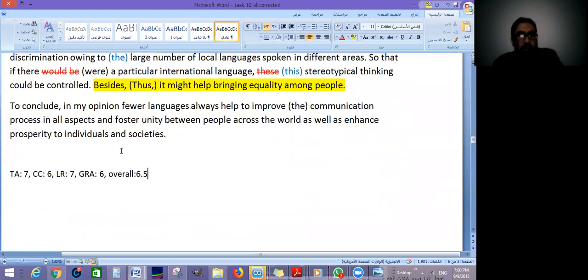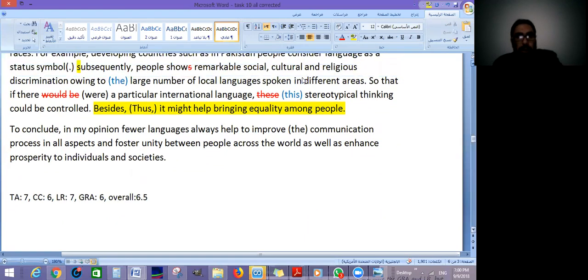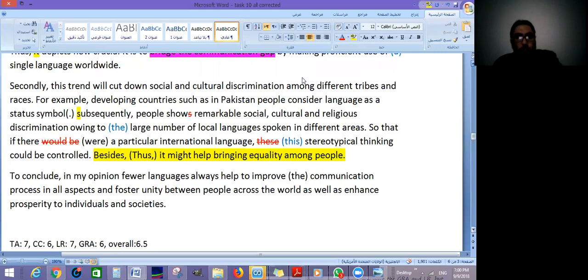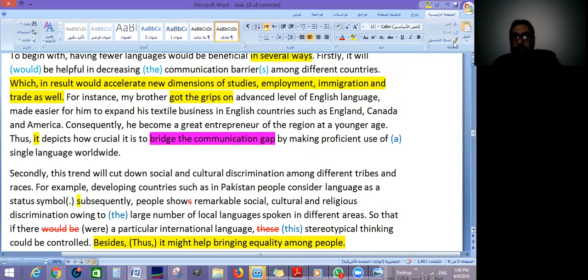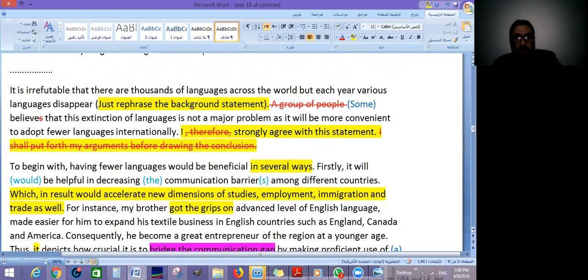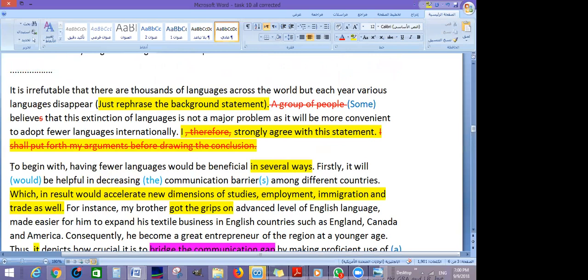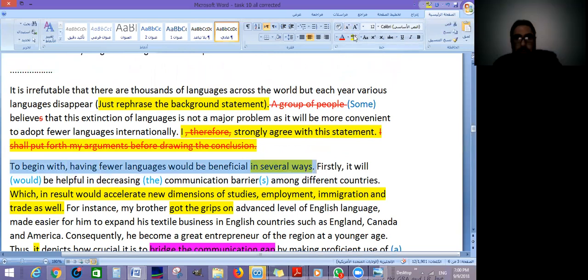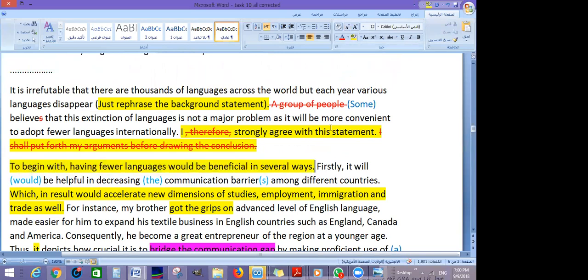So definitely, Misbah, take a look at the grammatical mistakes you are making, and also issues with things like topic sentences. Make sure your topic sentence is clear. Sir, one thing more I want to ask. Apart from the linkers and topic sentence issue, is it sufficient if I present this way?